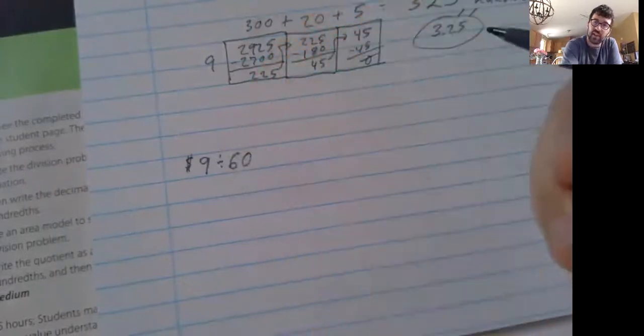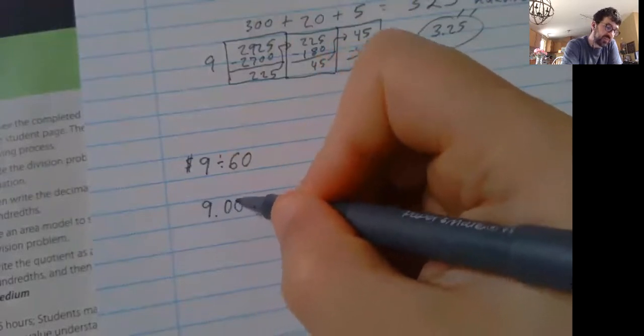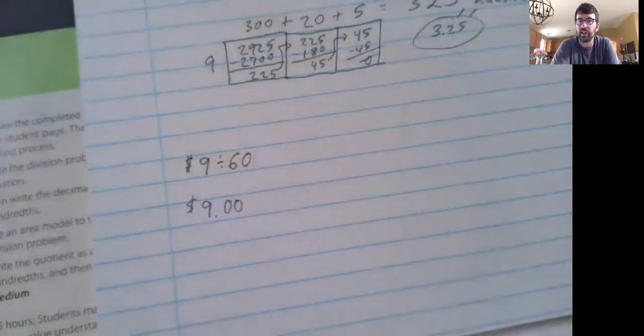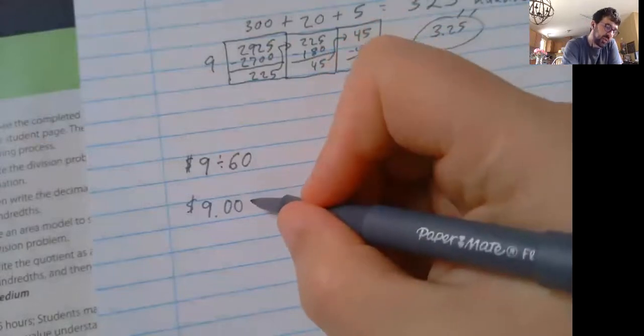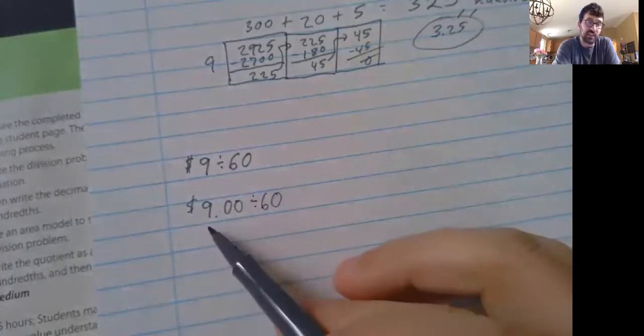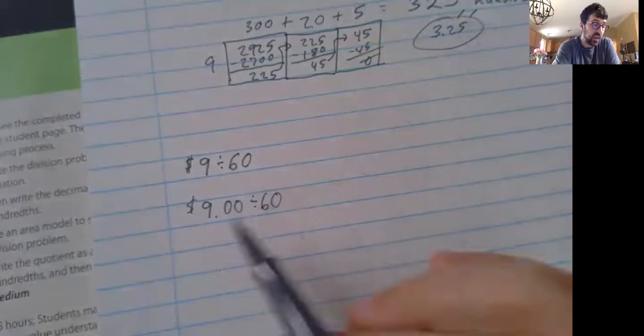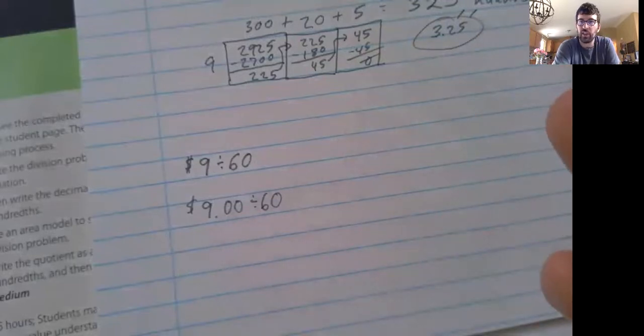Well, yes, this is $9, has no change. So we could also write this as $9.00 this way too, can't we? And what if I told you that we could do it like this now? Divide this by 60. Now, all of a sudden, if I look at this as 900 cents, essentially, 900 pennies, 900 hundredths, all of a sudden, the numbers don't look as bad anymore.